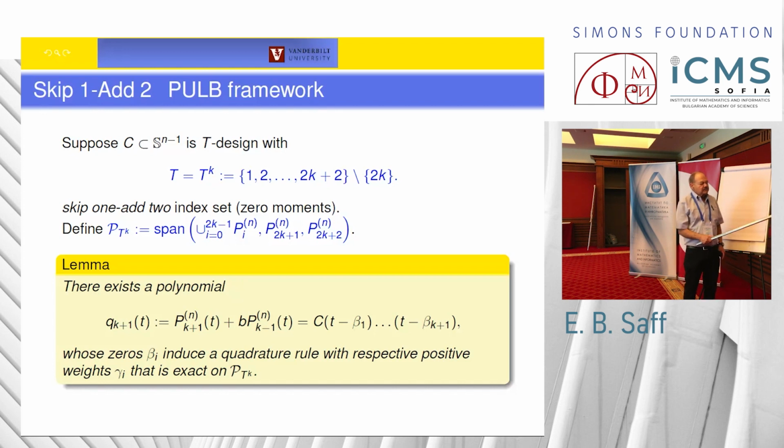What we prove is this lemma, which says that if you take a linear combination of p_{k+1} and p_{k-1}, you get a polynomial whose zeros induce a quadrature rule with respective weights gamma_i, and it is exact on this subspace of polynomials. So working on that subspace, we prove there exists a quadrature rule.